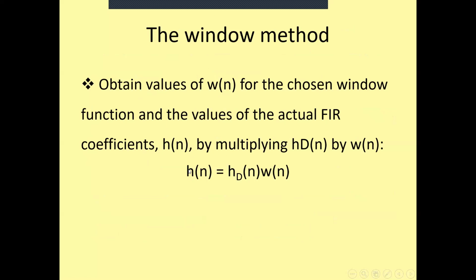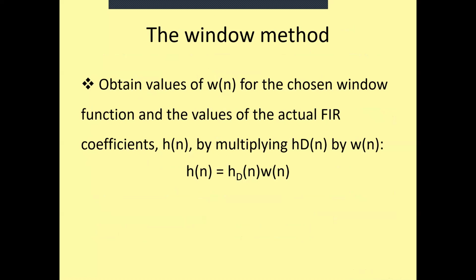Look, please, h of n will be the multiplication of hd of n and w of n. We said that based on the filter type, we are going to select the impulse response of the filter.